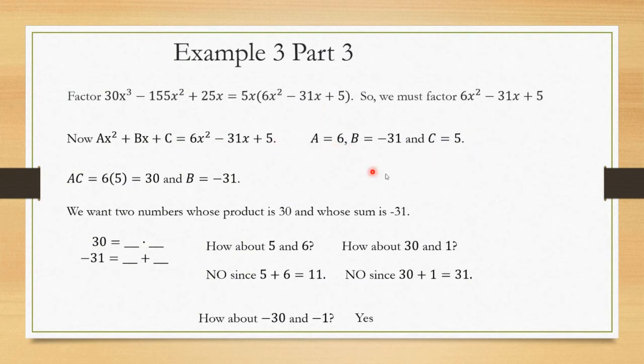So I wrote that over here. Now we can see that A times C is 6 times 5, which is 30. We want two numbers whose product is 30, and the sum is negative 31.